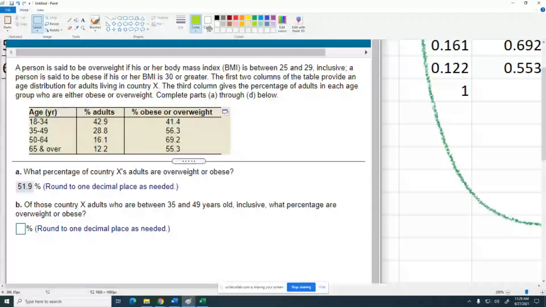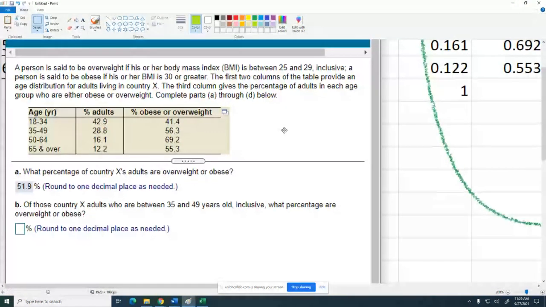Okay, here it is. Next one. Of those who are between 35 and 49, what do I need? I need the percentage that are overweight. Can you write the probability notation? Is it B given A2 or A2 given B?